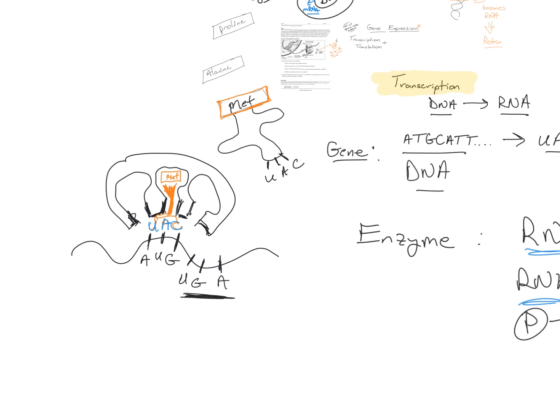This part down here is known as the codon. The message on the mRNA is known as a codon. They're in threes. The message that's in blue up here, that's on the tRNA, is known as the anticodon.